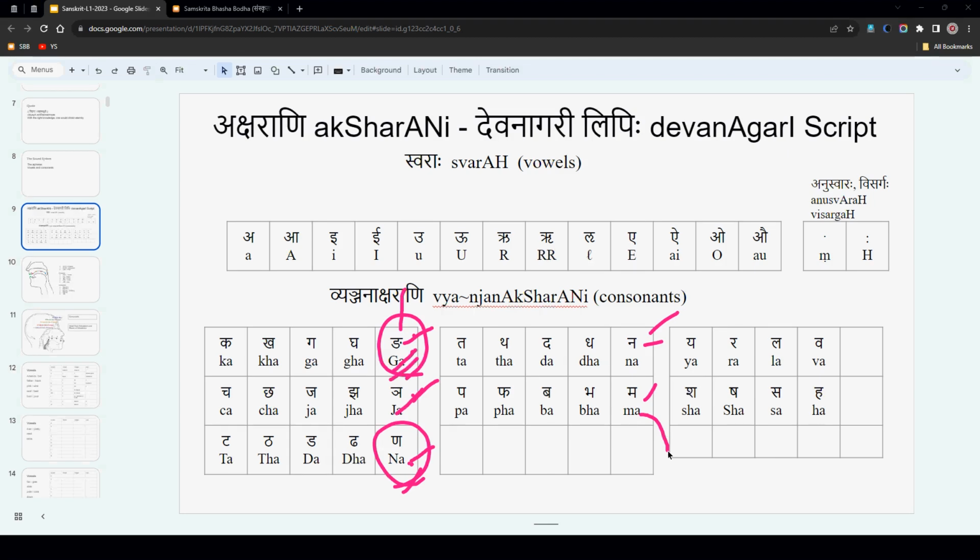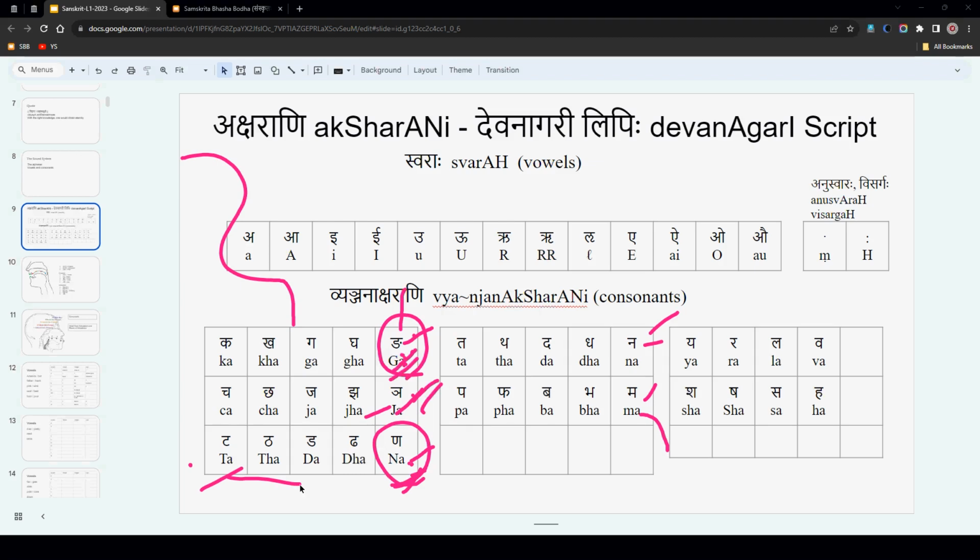The air has to pass through nasika also here. When we say nga, the air comes out of kantha and then it passes through nose. Nya, with the talu, the tongue is brushing at the talu part, but then the air passes through nose. Na, touching the murdha, like ta.